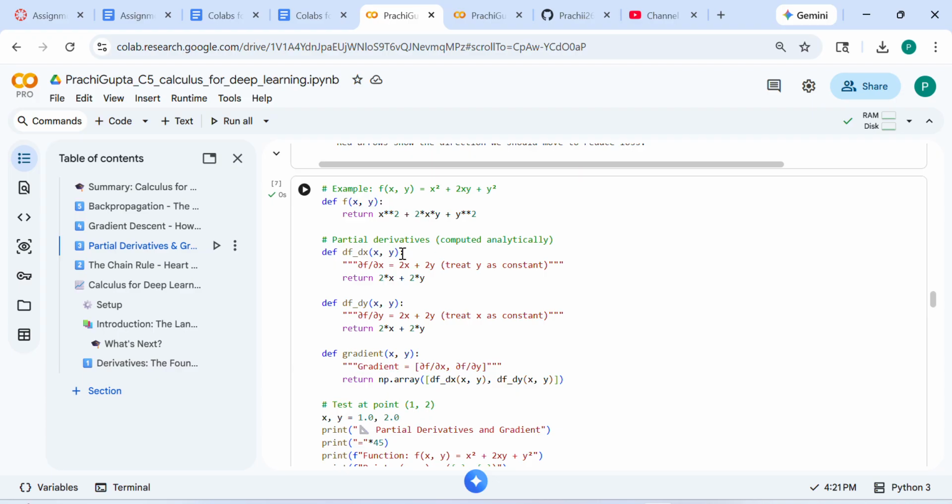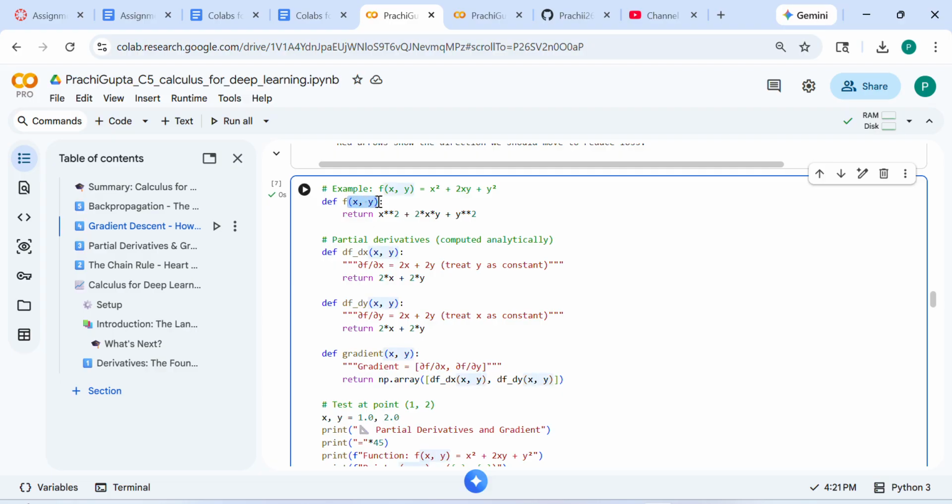So far we have used one variable like x, but neural nets may have many weights. This cell shows a function of two variables, x and y. It computes df by dx and then df by dy, that is, the change in f when x changes and the change in f when y changes.